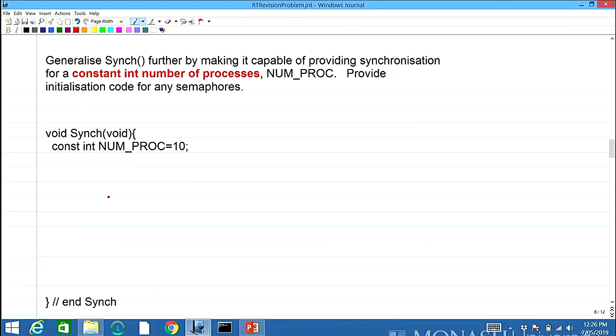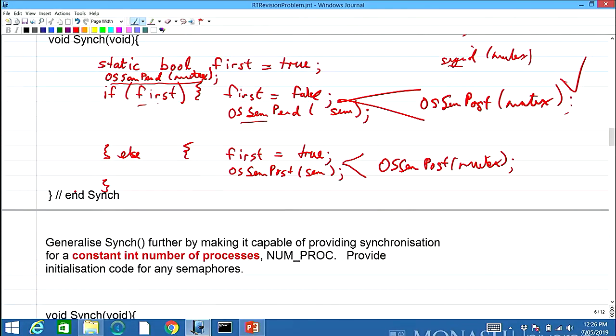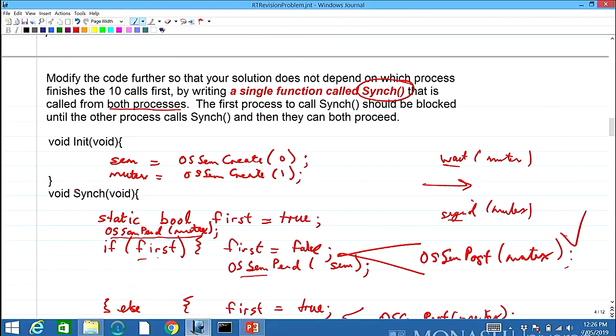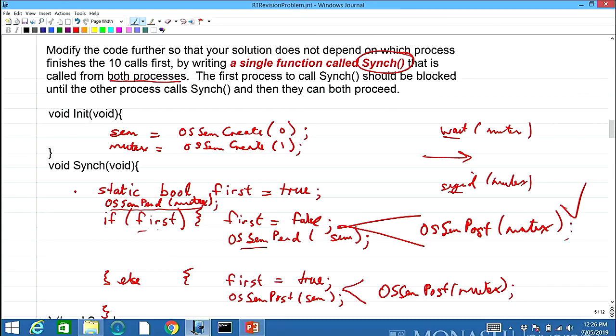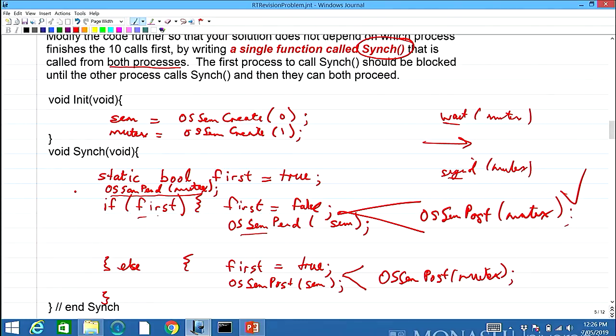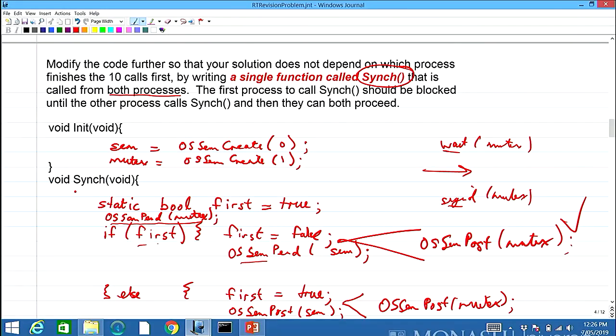Now, just to prompt you a little bit, if you look at the previous solution that we looked at, where we had a single function, this guy here, with just 2 processes now, we're generalizing beyond 2. We stored this static Boolean variable called first inside the function.